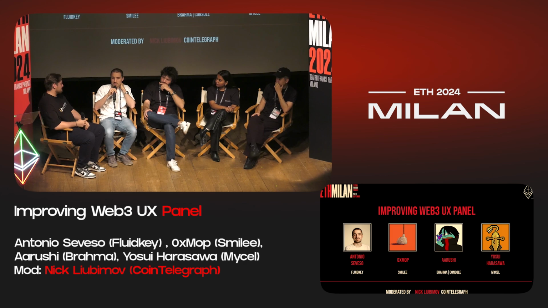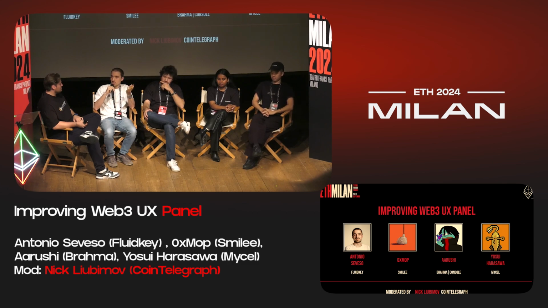If I have to point out one, it's chain abstraction for sure. Like the idea that I have an asset regardless of where the asset is. So I have USDC, okay, great. But I don't care if I have it on chain A or chain B, okay?